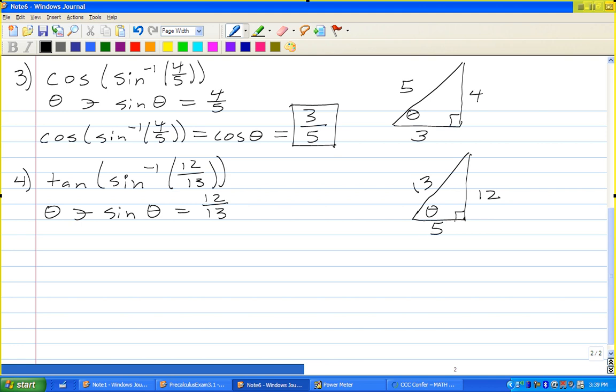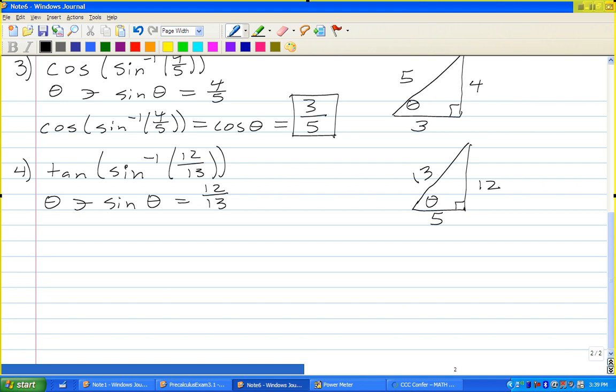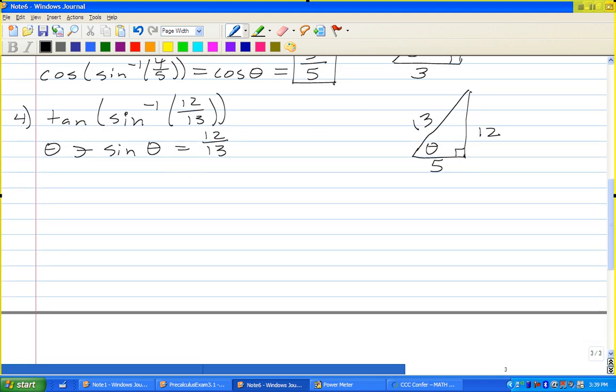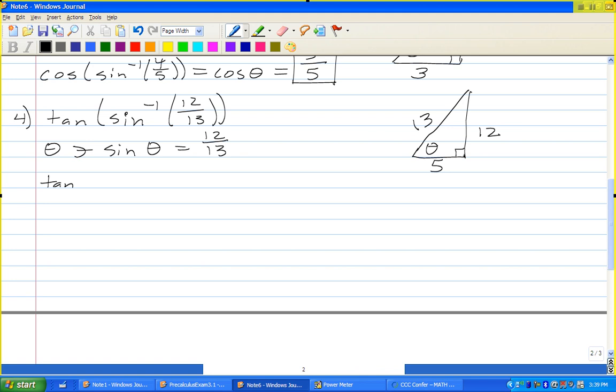And so we have a 5, 12, 13 triangle. So I want to determine tangent of sine inverse 12 over 13. So this is the same as tangent of theta, which is opposite over adjacent, 12 over 5.